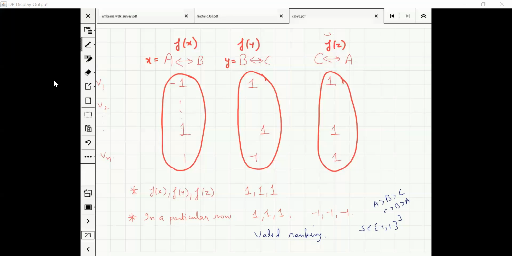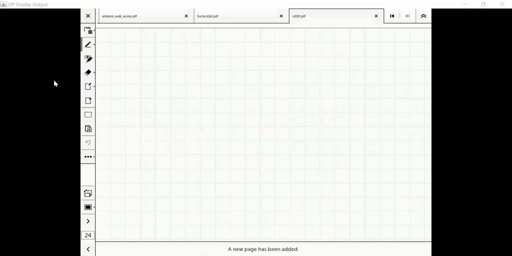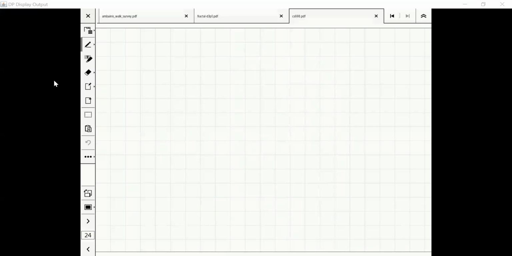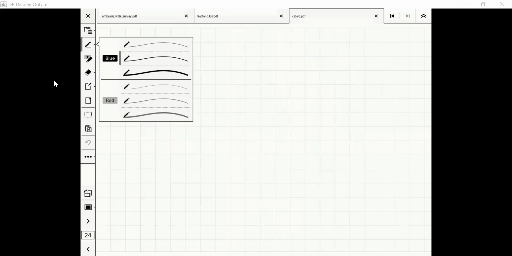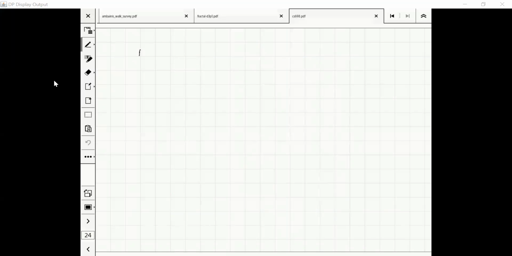Unfortunately, not all strings of length 3 are valid. There are 6 possible rankings, but there are 8 strings. And this is something which you have seen before. The 6 valid strings are the satisfying inputs of the function, not all equal.